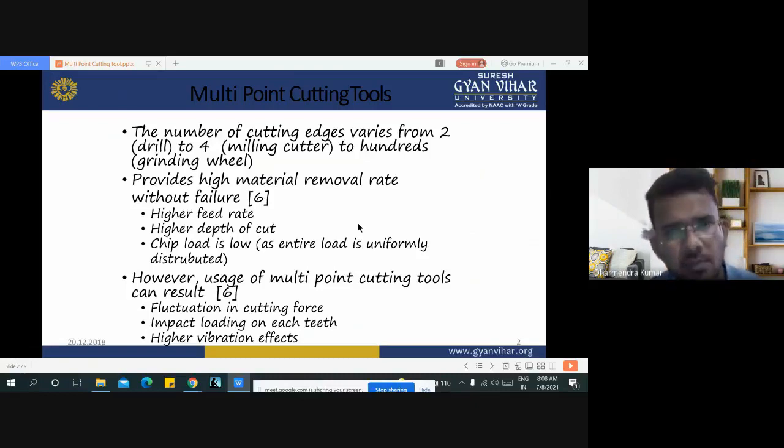It provides high material removal rate without failure, like higher feed rate, higher depth of cut. Chip load is very low.